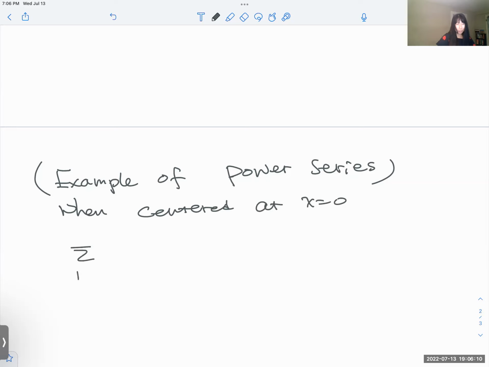We have this kind of power series, x to the n over n factorial.